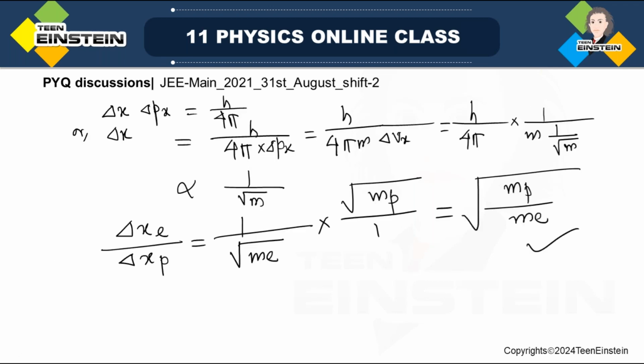See here, these are in inverse relation. So for electron, we will have greater uncertainty, because this is much more tiny than the proton. Okay, so this is physical understanding. So electron will have greater uncertainty than the proton in determining the position.